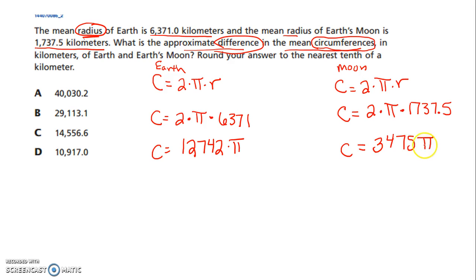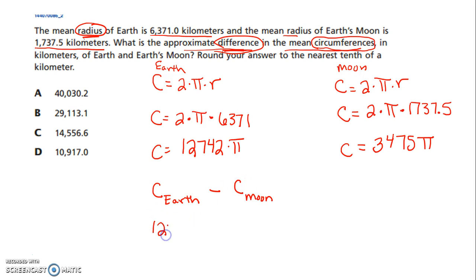So about 3 times that number is the actual circumference all the way around the moon. But I want to know the difference between those circumferences. So that means I would take the circumference of the Earth, our larger circumference, subtract off the circumference of the moon, and that will give me the difference.